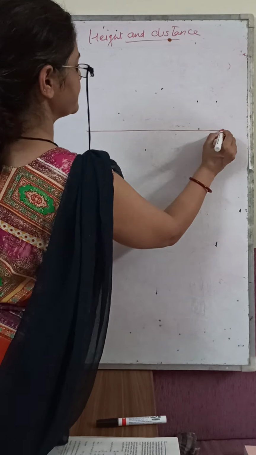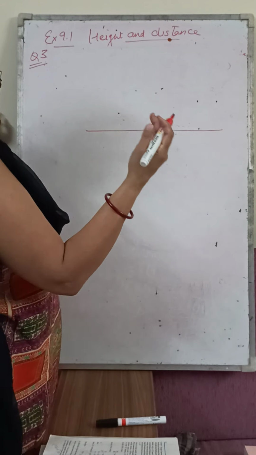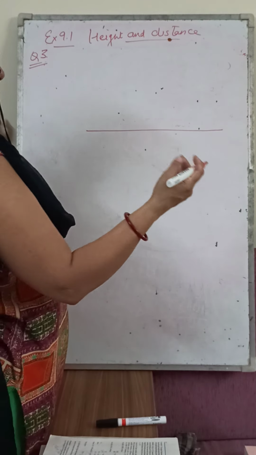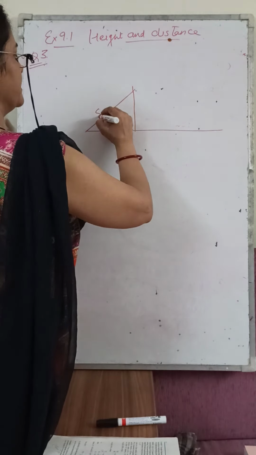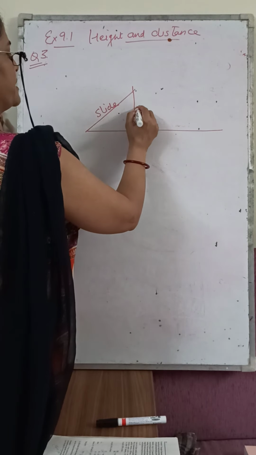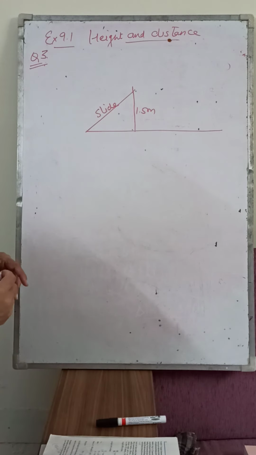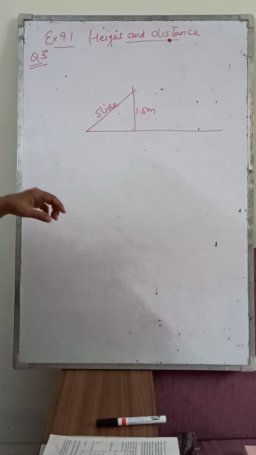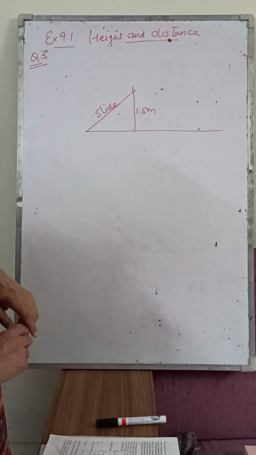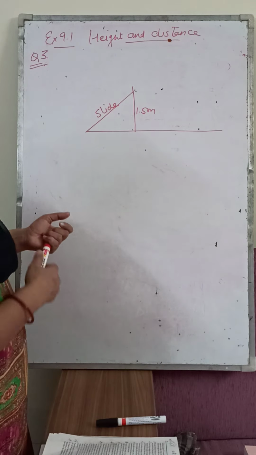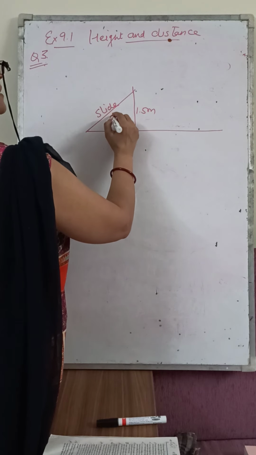Suppose this is ground level. For children below age of 5 years, she is planning to have a slide. This is slide, which is 1.5 meter at a height from the base, right? This is for 5 years age, okay?